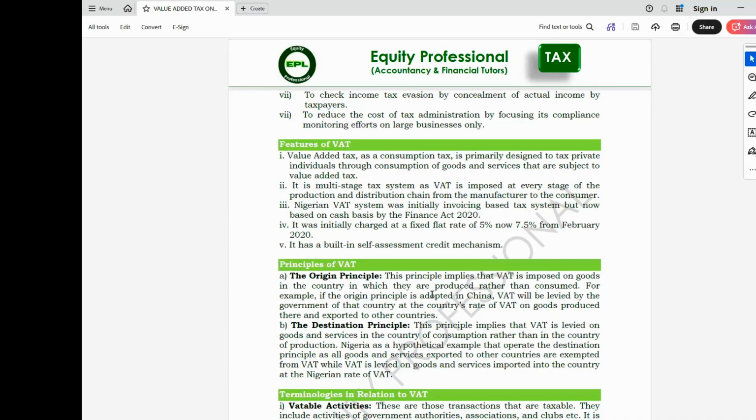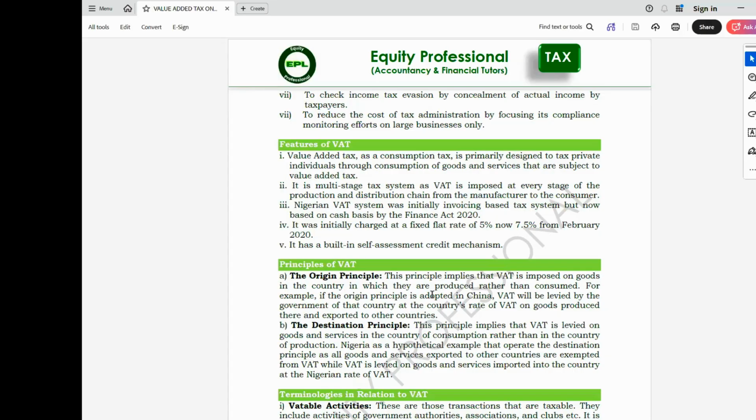Then we also have the second one, which is the destination principle. Destination principle means that value-added tax will only be charged on goods and services where that goods is being consumed in that location, and not where it is produced.